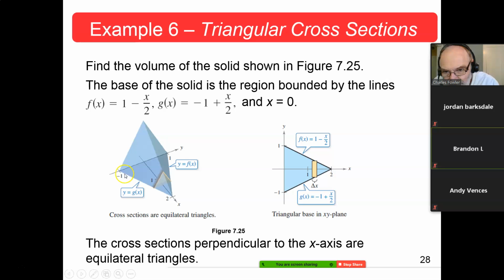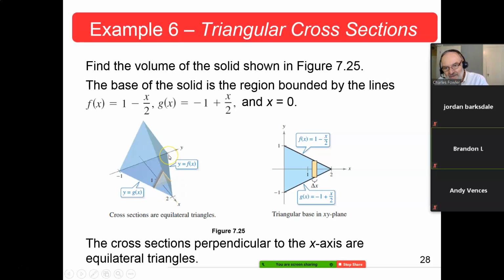This line here would be, if you take that triangle and flip it up like this and make it an XY thing, then this would be the line. You'd have a slope of -1/2 here.